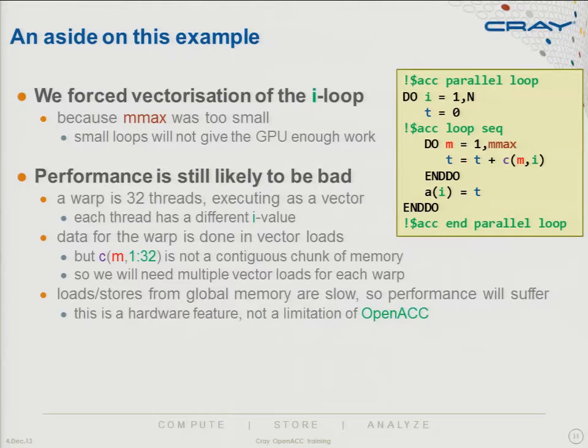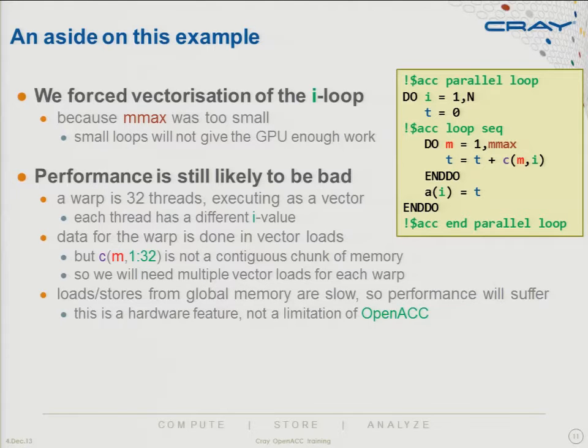Well, now performance isn't going to be brilliant here because at this stage, the vector index is not the fastest moving array index. So when I look at threads 1, 2, 3, 4, 5, they're not loading a contiguous chunk of memory for their particular value of m. They're striding through memory. So I won't load this data in one vector load. I'll need 5 or 6 vector loads to get all of that data. And I'll be polluting my cache when I do that.